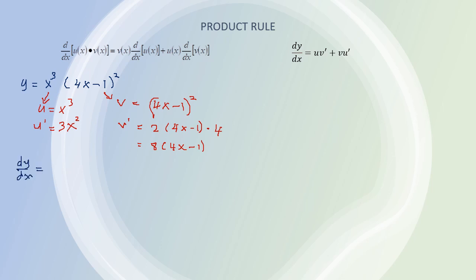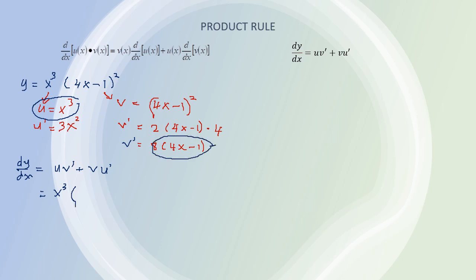So dy over dx is equal to, our formula is uv prime plus vu prime. So we substitute into our formula. u is equal to x to the power 3 multiplied by v prime. v prime is equal to 8 times 4x minus 1.